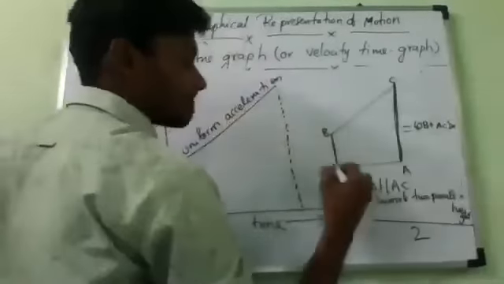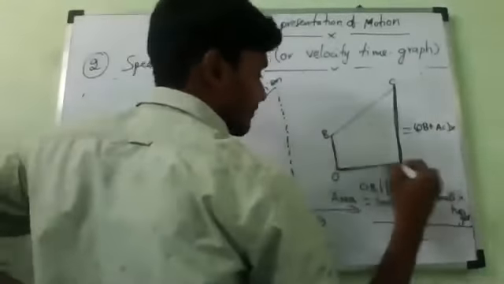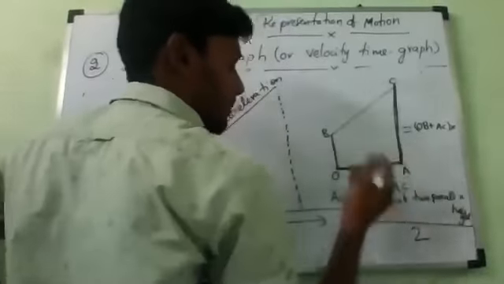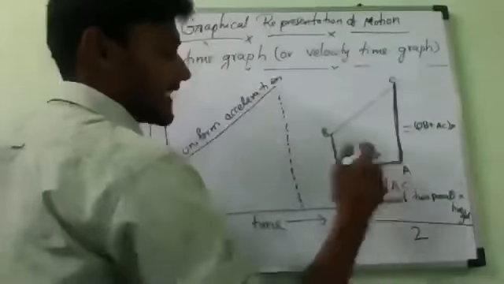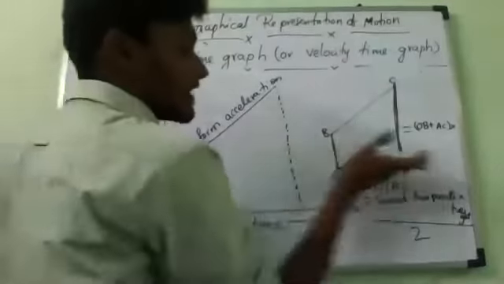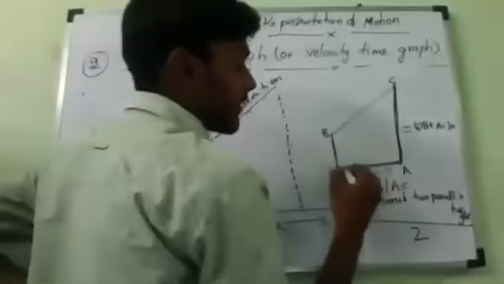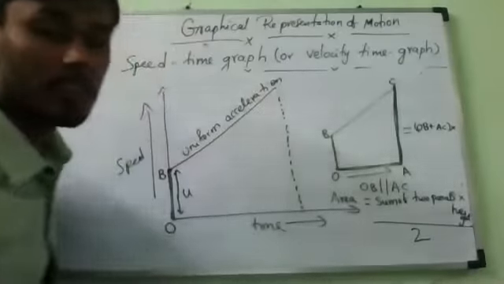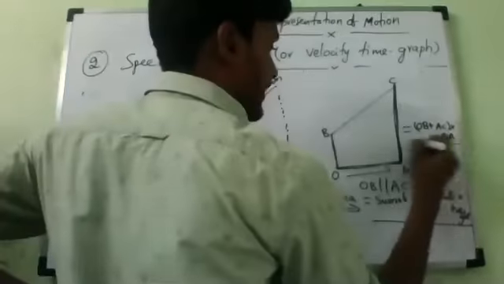What is the height of a trapezium? Height is OA, divided by 2.